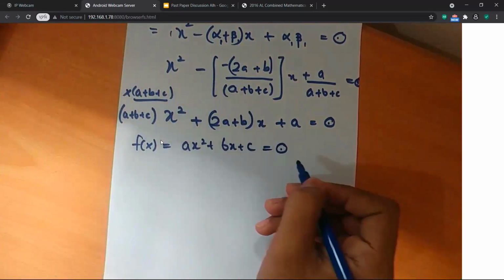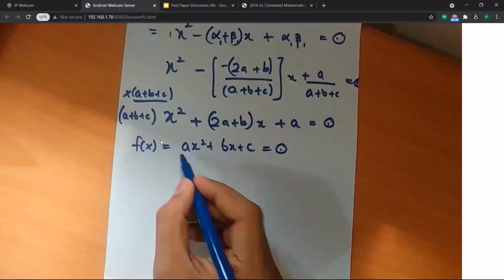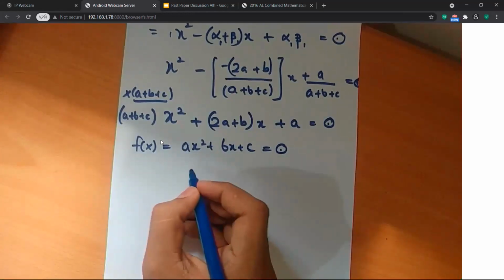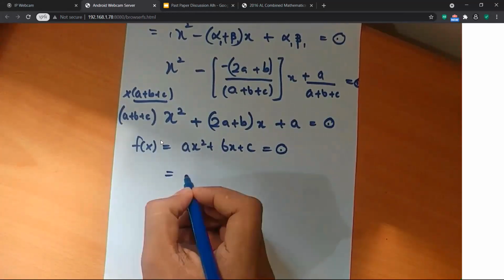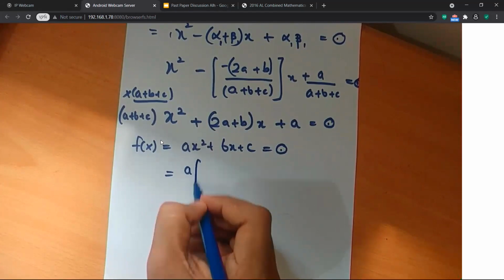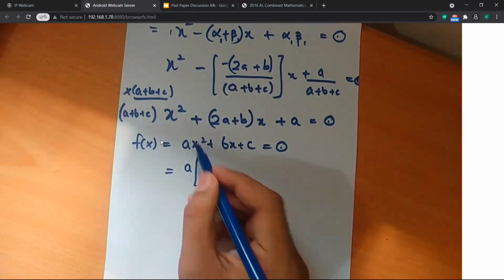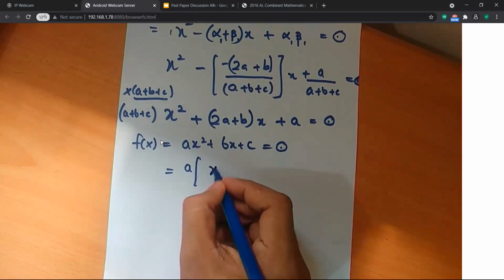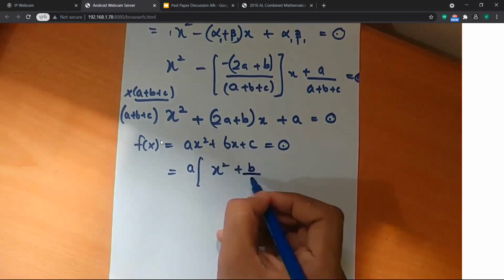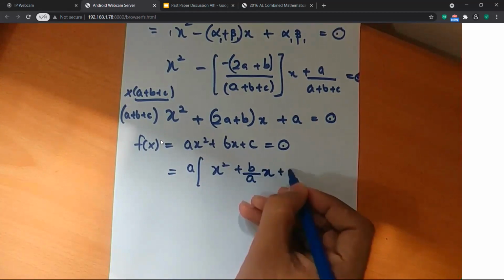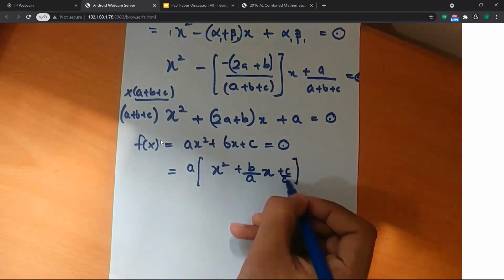Now we need to make it in such a way that we get the minimum or the maximum value. So you take a out, because we are trying to complete the square, so it's easy if x squared has no coefficient. x squared plus b over a times x plus c over a is equal to 0.